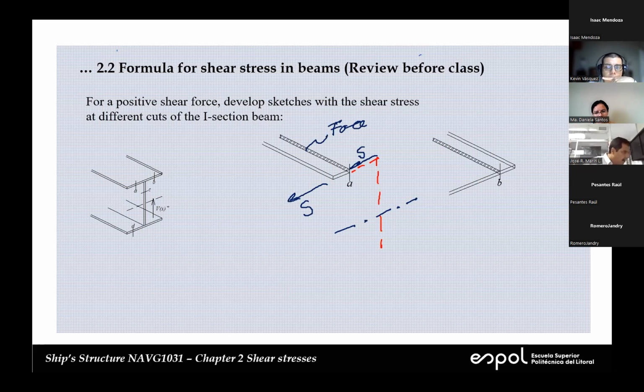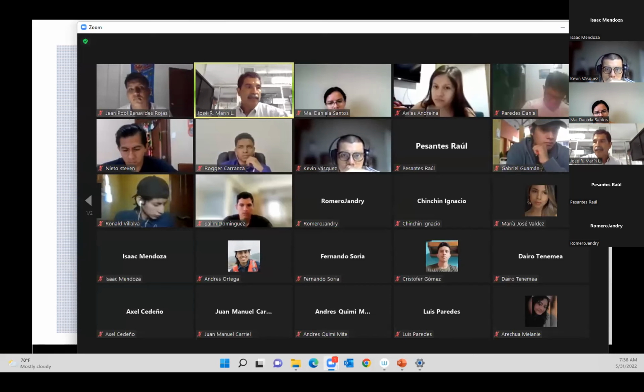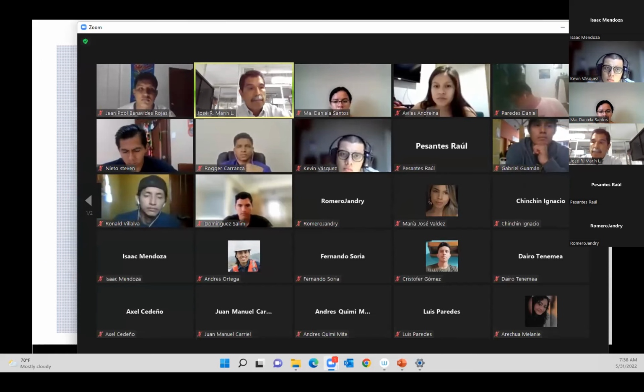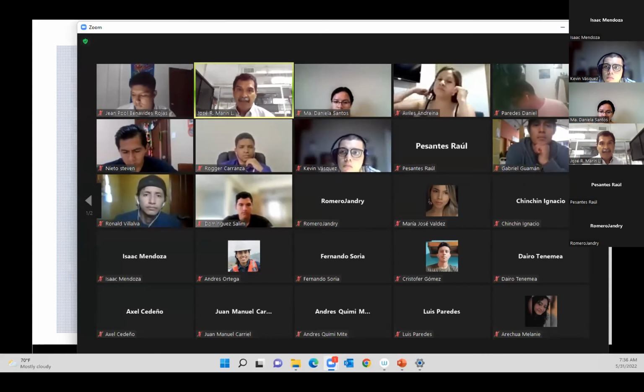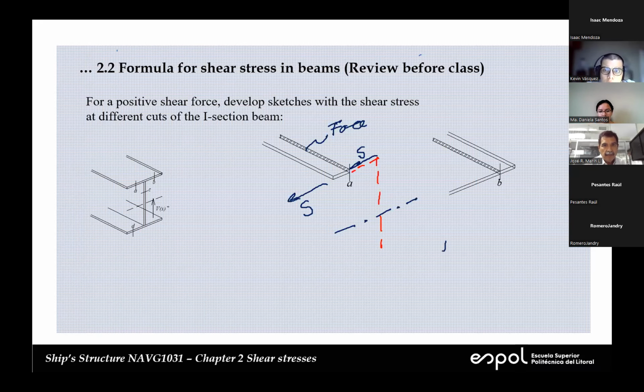It's negative. Okay, so if it is negative, that's correct. So the positive shear stress, let me include here, that's the x-axis.